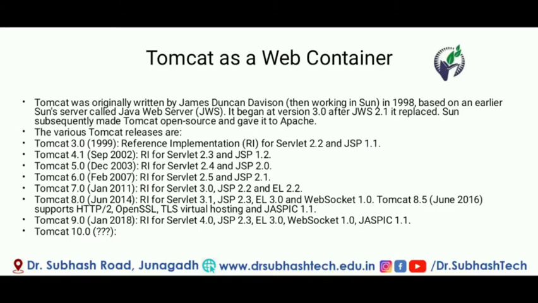The first one is Tomcat 3.0, released in 1999, the reference implementation for Servlet 2.2 and JSP 1.1. The next version is Tomcat 4.1, released in September 2002, for Servlet 2.3 and JSP 1.2. Then Tomcat 5.0 was released in December 2003 for Servlet 2.4 and JSP 2.0.